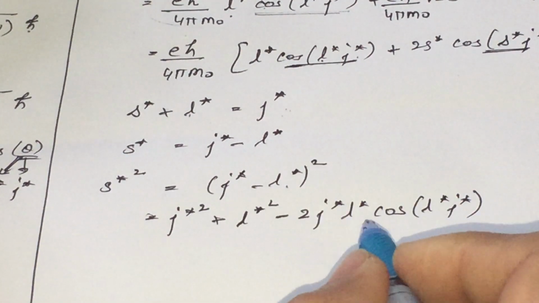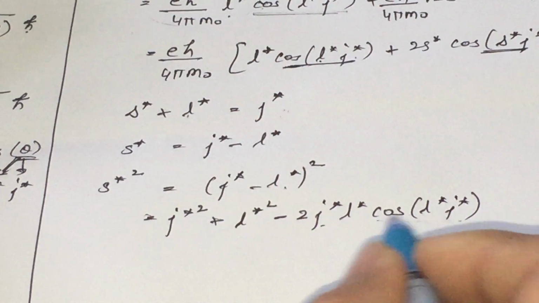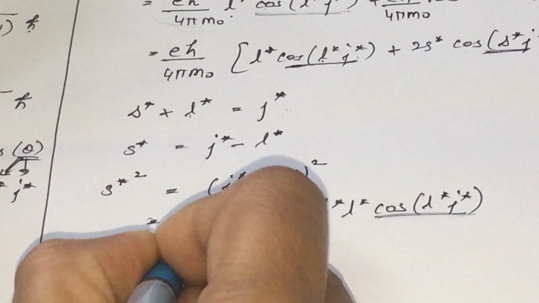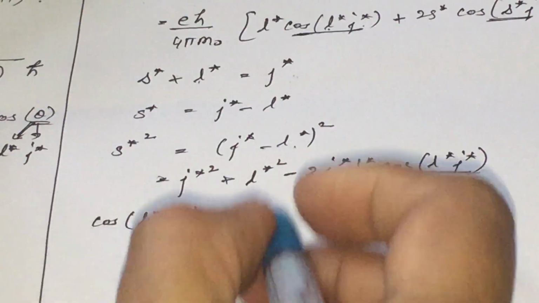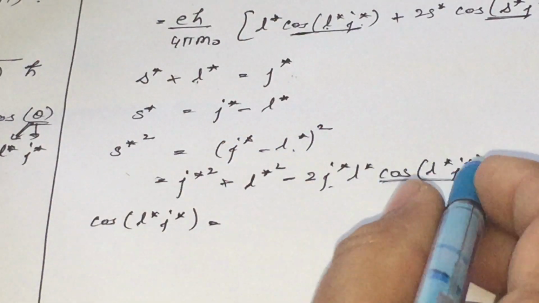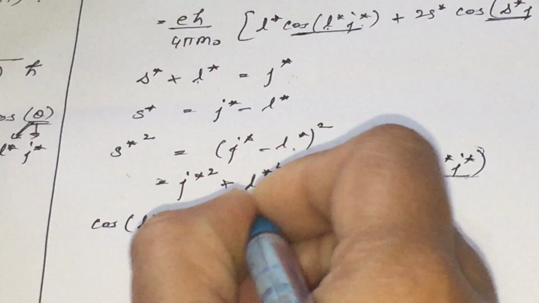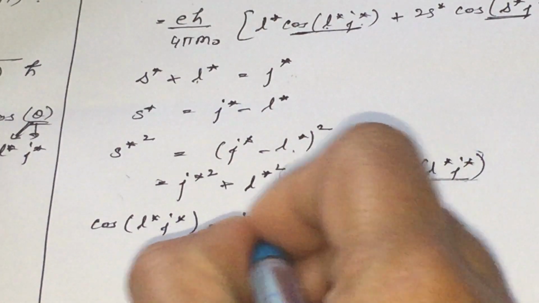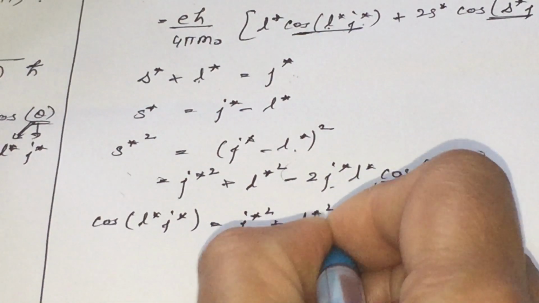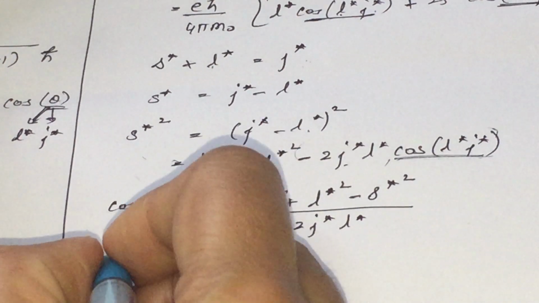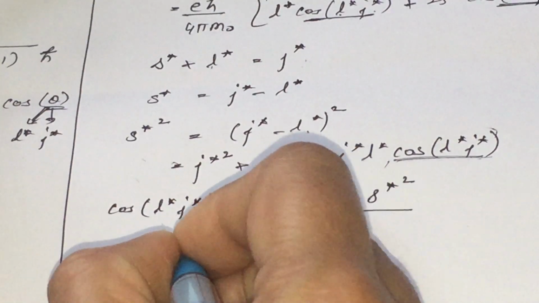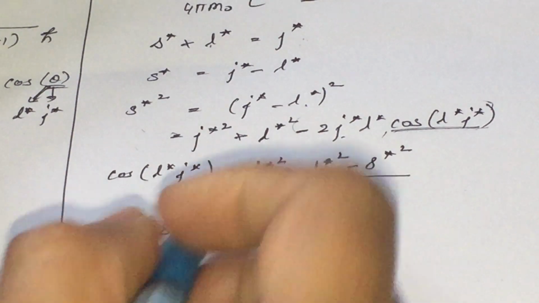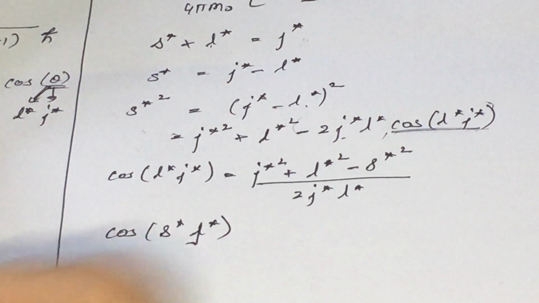Here we can easily find the value of cos of L star J star, which comes out to be, if you take this term to this side, J star square plus L star square minus S star square divided by 2 J star L star. Similarly, you can find the value of the angle between the spin angular momentum and total angular momentum, that is J star and S star.